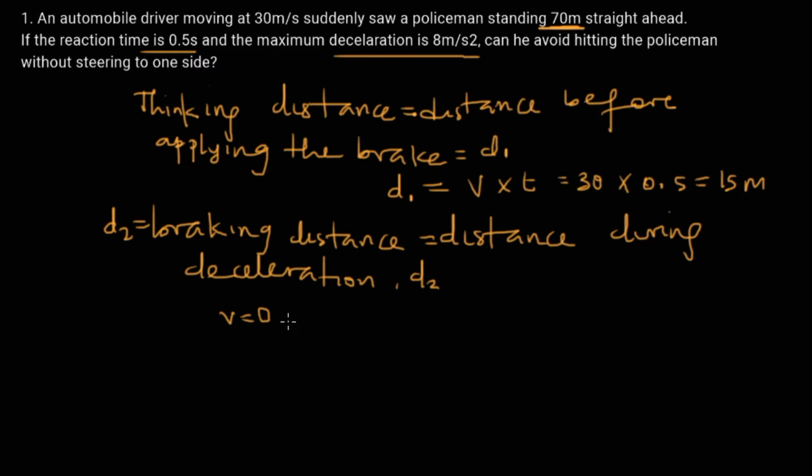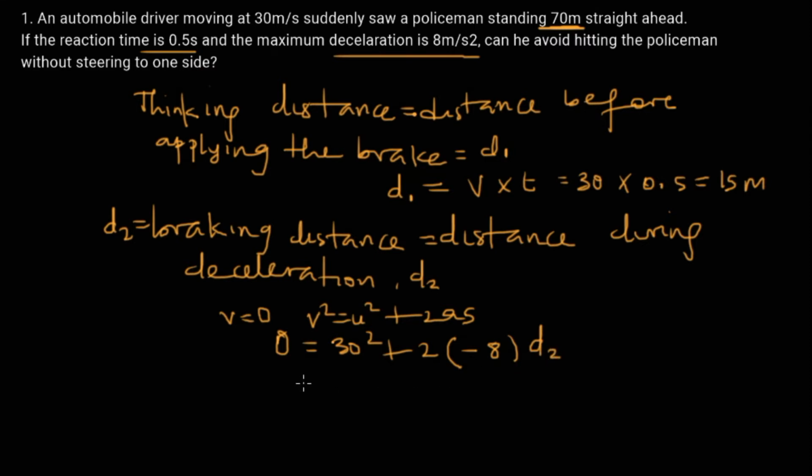So v squared is 0, and the initial velocity squared, of course, is 30 squared, plus 2as. The acceleration in this case is negative because the car is decelerating, so we'll have minus 8 meters per second squared. Then our s is d2.